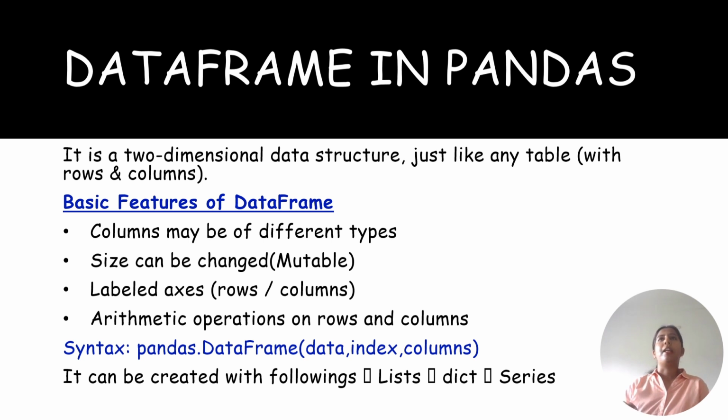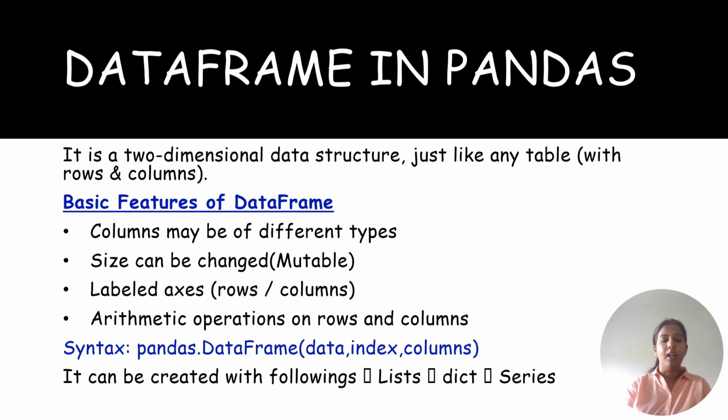Suppose you have taken index as s, so you will mention the index s. Then we have to mention the column also. That means if you have taken some data for the column like d, you have to mention d. So it can be created with the following: list, dictionary and series. We will discuss it through the practical.